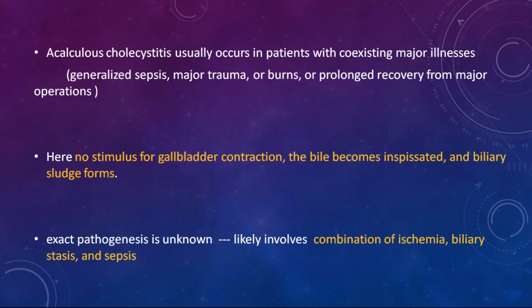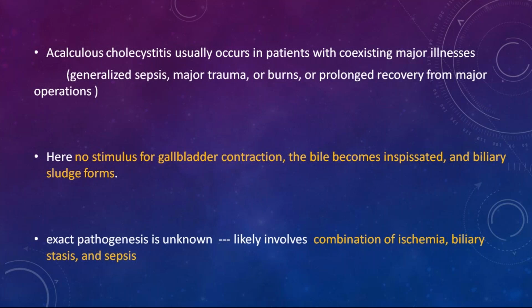And any major operations, for example, any laparotomy or cardiac surgery, etc., or prolonged surgeries. For example, laparotomy takes, depending on the structure you are operating, from 2 hours to a specific duration.